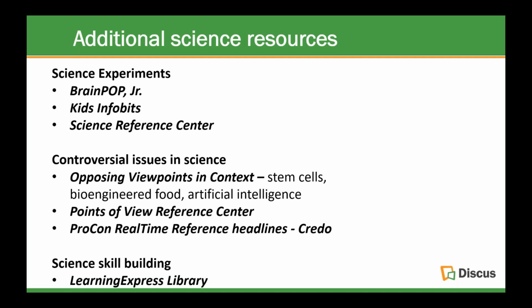And that's something that I'll point out to you. Those are very good for current topics like engineered food and other topics that relate to the science side of STEM. And then finally, science skill building is also available in Learning Express Library in addition to the math skill building that I mentioned before.